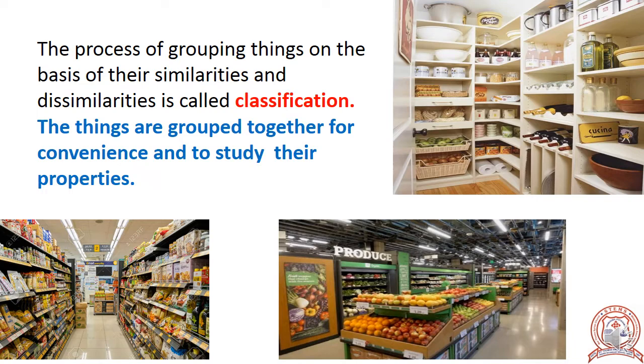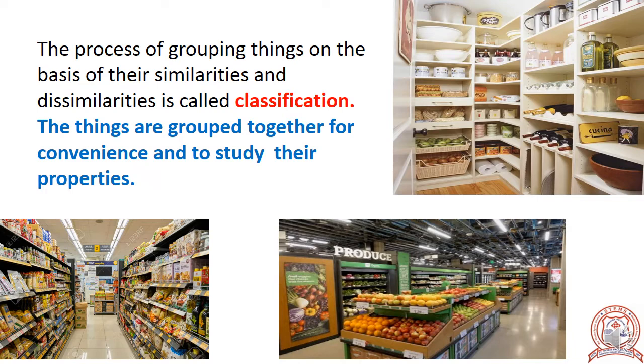What do you mean by classification? The process of grouping similar things in a place. The process of grouping things on the basis of their similarities and dissimilarities is called classification.